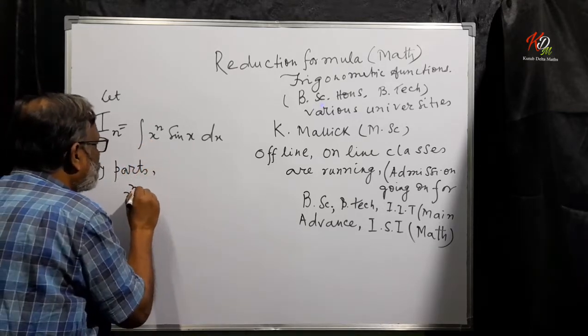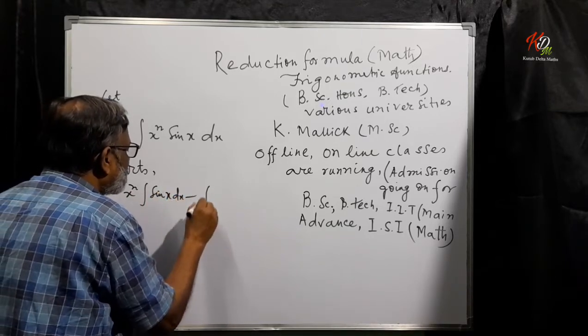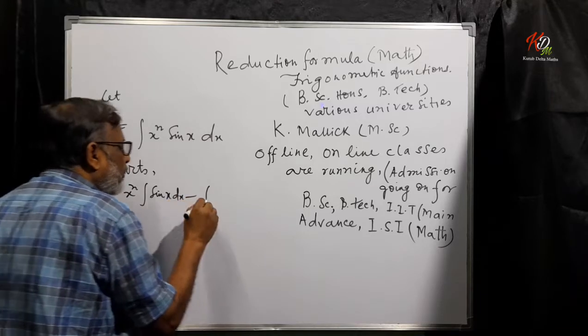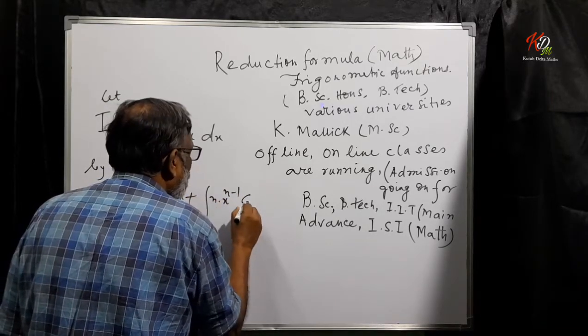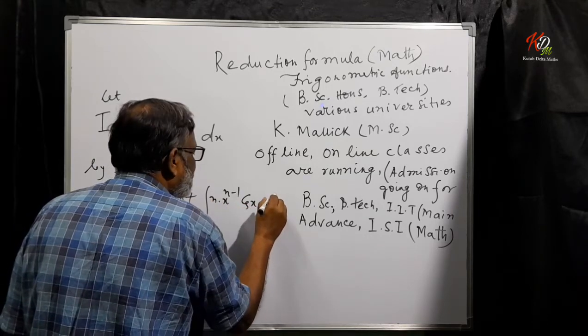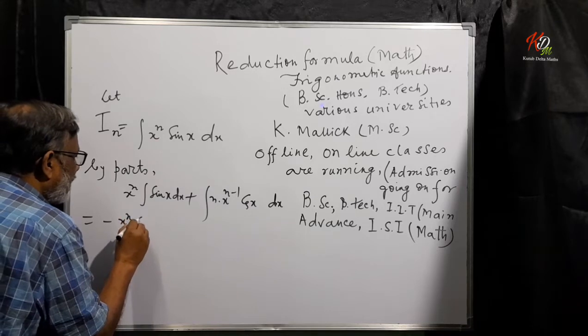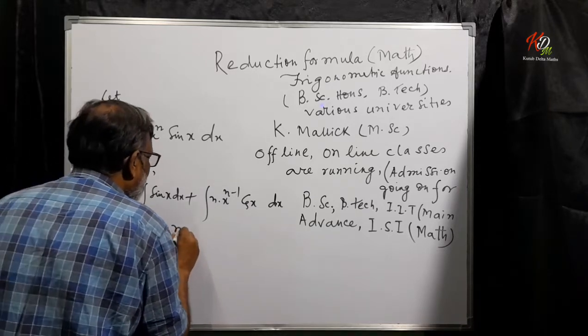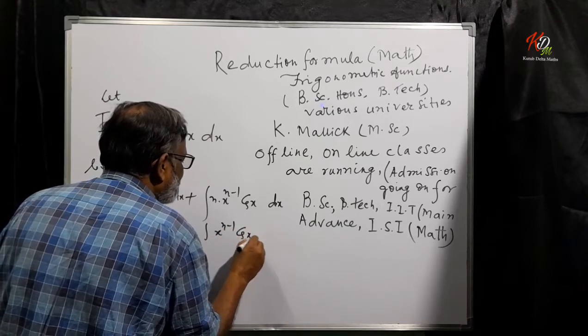No problem. We have x to the power n times minus cos x dx, minus the derivative of x to the power n, that is n x to the power n minus 1, times minus cos x dx. That gives minus x to the power n cos x plus n integral of x to the power n minus 1 cos x dx.